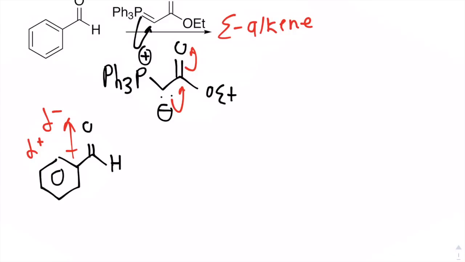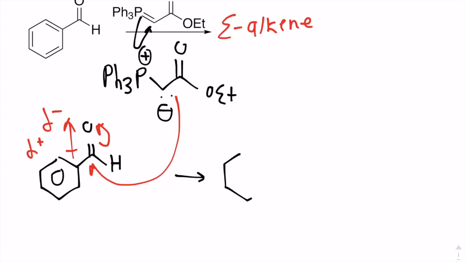So we would expect that these, let me just erase these so it's more clear, that these electrons would actually attack into that carbonyl and push that up. So the product of step 1 is going to be something like this.